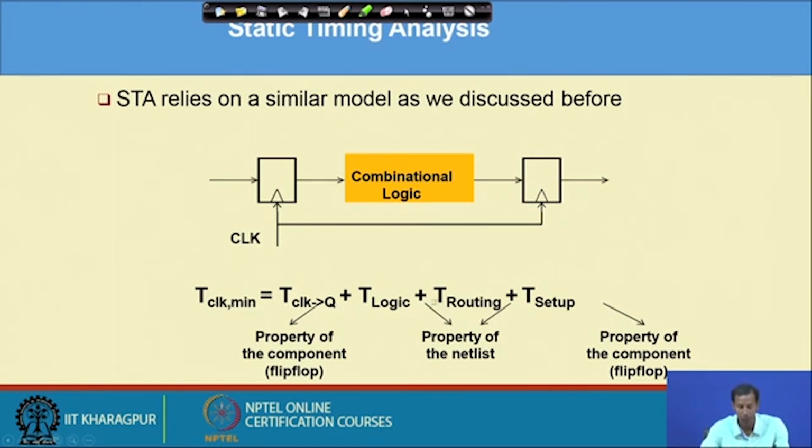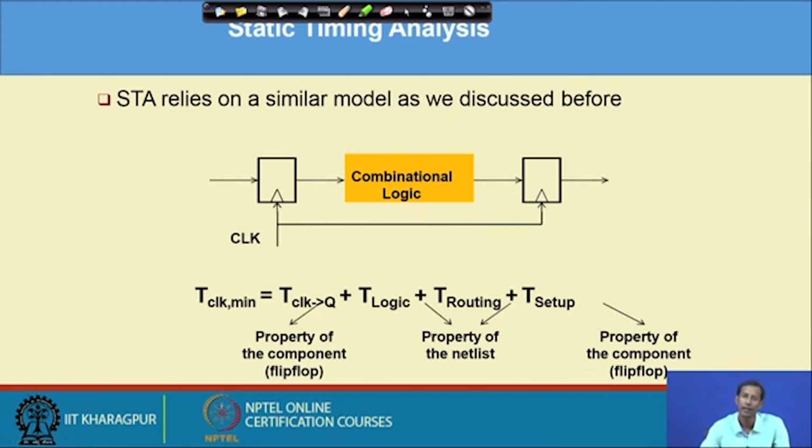Then this routing is the delay associated with the net delay. As signals are connected from gate 1 to gate 2 or gate 2 to gate 3 through wire, the wire has an RC component.